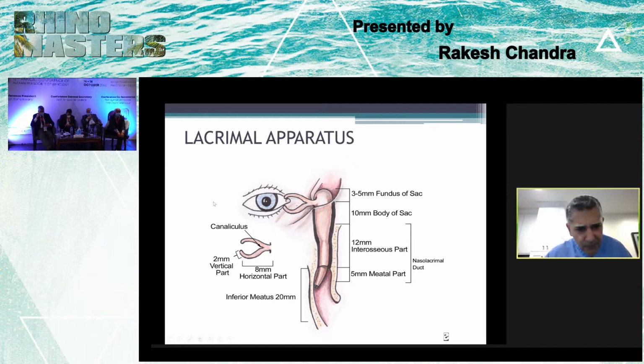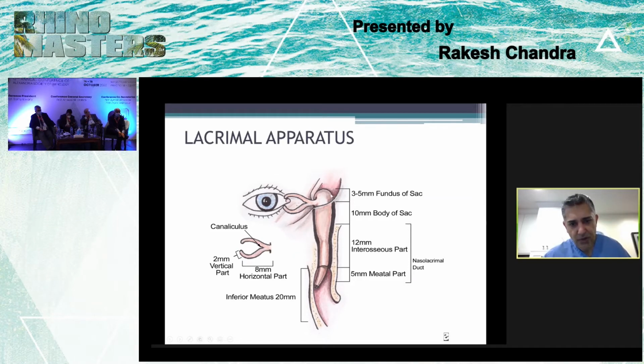So the ophthalmologists or the oculoplastic surgeons use this rule of tens, where the lacrimal canaliculus has a 10 millimeter length, where the first 2 is vertical and the other 8 is horizontal, and then you have this common canaliculus, and then from the common canaliculus, the sac is about 10 millimeters as well.